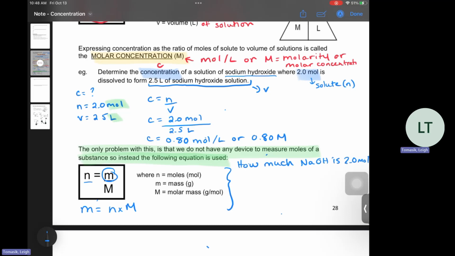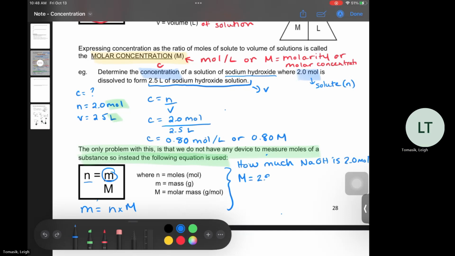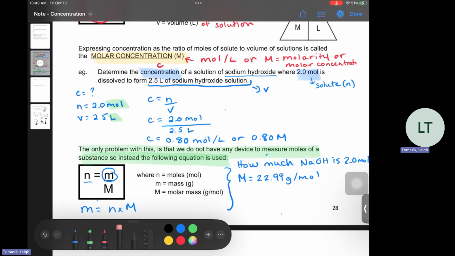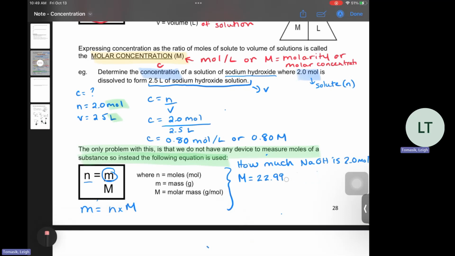We would use this equation, except we would rearrange it so that we are finding the mass. So we first need to find the molar mass of sodium hydroxide. Sodium is 22.99 grams per mole, plus 16.00 grams per mole for oxygen, plus 1.01 grams per mole for hydrogen.